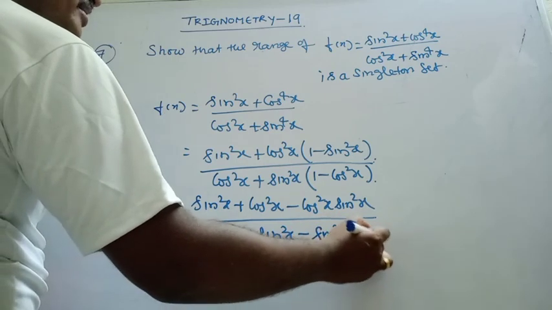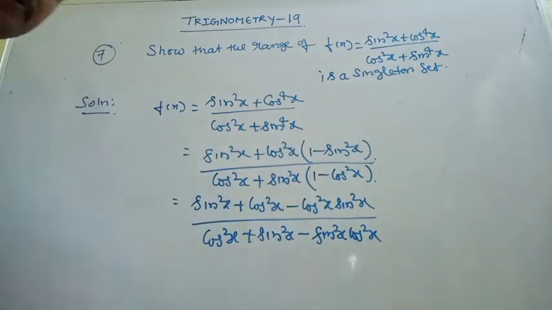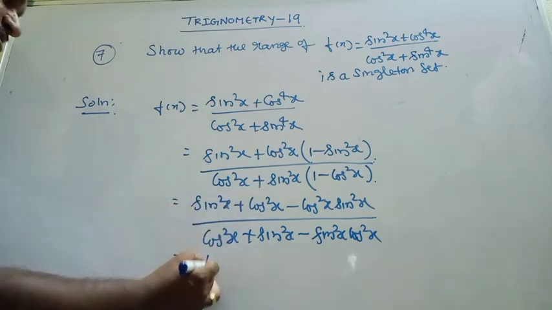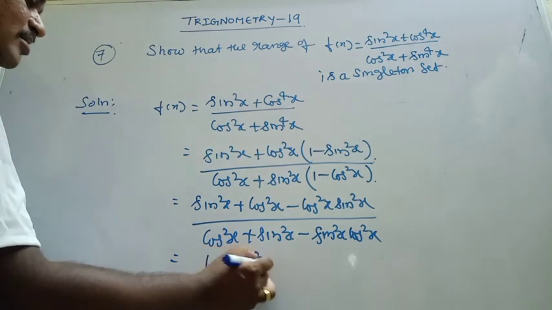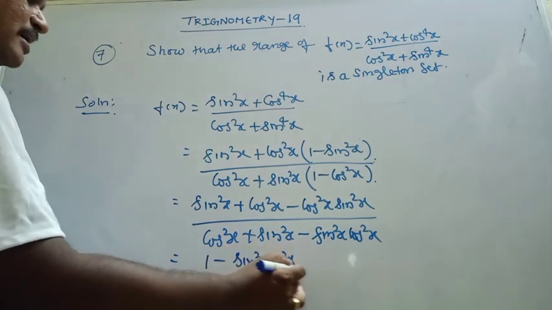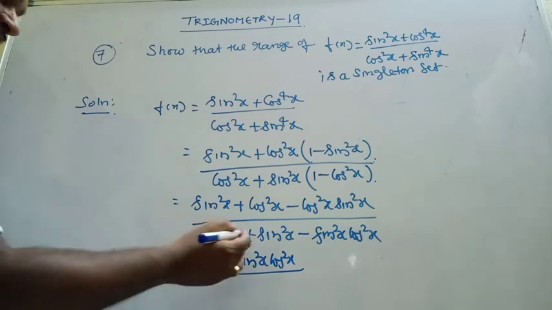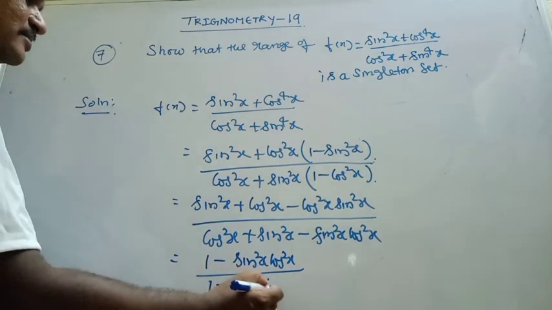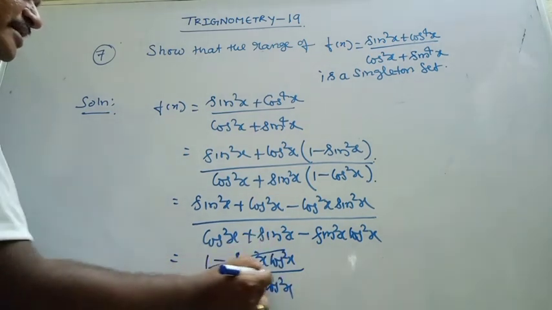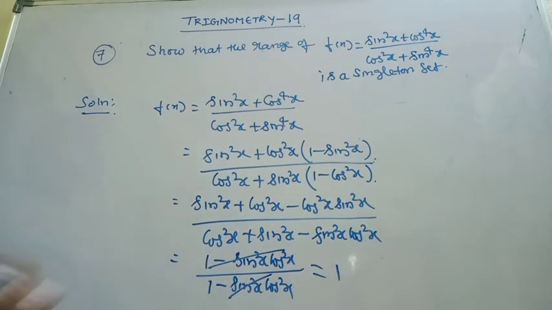And of course sine square x plus cos square x is 1, so we can write it as 1 minus sine square x cos square x, and the denominator also, cos square x plus sine square x is 1, minus sine square x cos square x. Now this and this will cancel. Totally we have got it as 1.